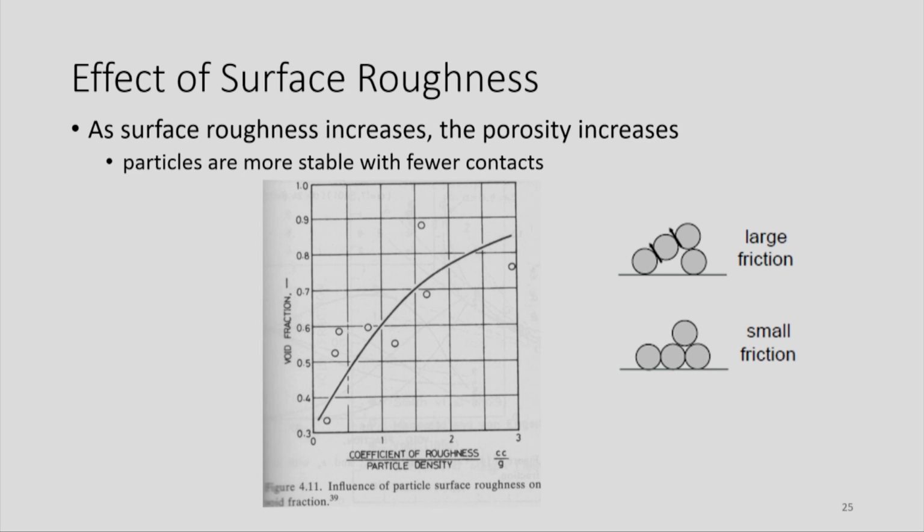As you can see from this small picture here, higher mechanical interlocking comes from larger friction between those particles and forms into smaller arches at bulk level. And this graph shows that if the coefficient of roughness increases, the void fraction also increases. Okay.